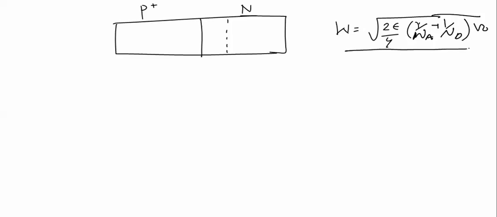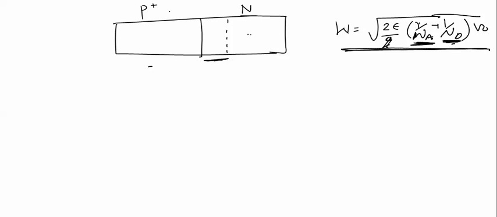This depletion layer is the total depletion layer width. But if we consider one layer only, then Na will come in this particular part. The depletion layer width equation will contain only Na, not Nd. And if we consider the depletion layer on this N side, then only this part comes in the equation.